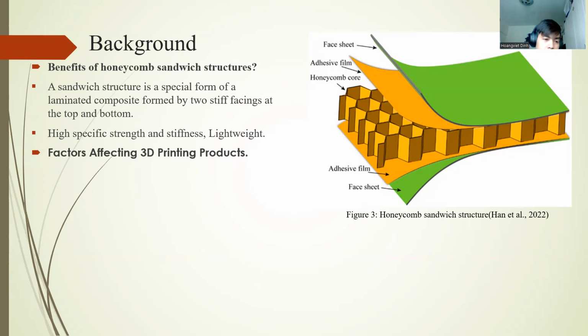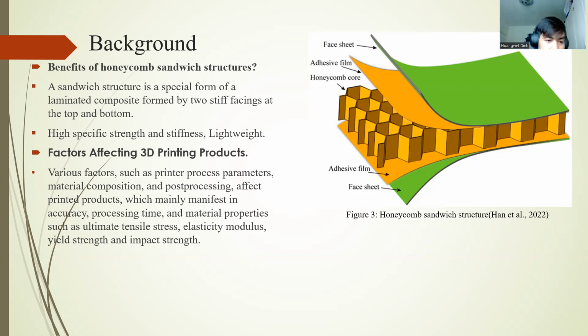Next we talk about factors affecting the 3D printing process. Various factors such as printer, processor, process parameter, material composition, and post-processing affect the printed product, mainly manifesting in accuracy, processing time, and material properties such as ultimate tensile strength, elastic modulus, yield strength, and impact strength.